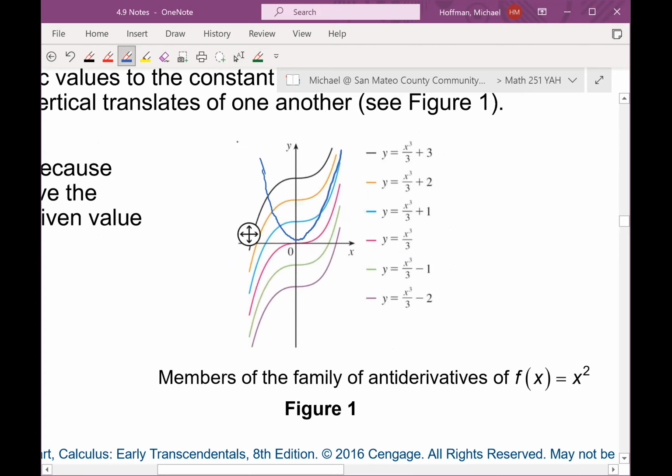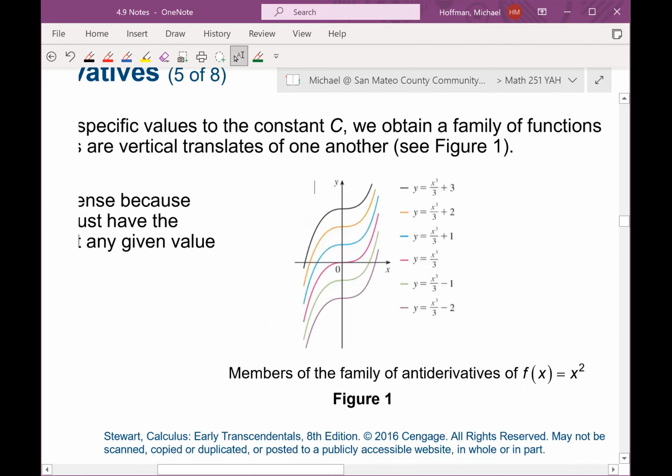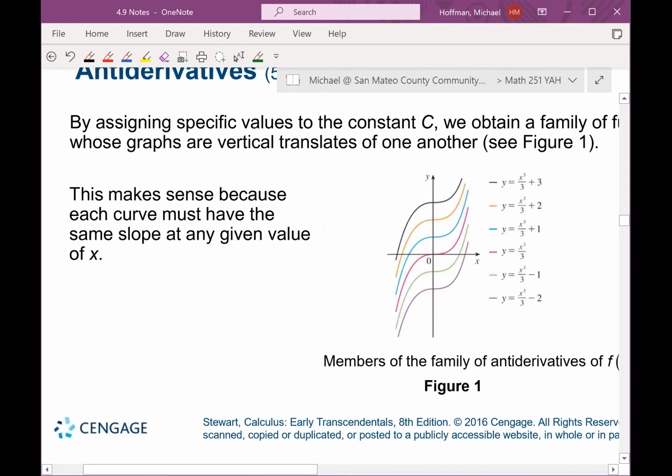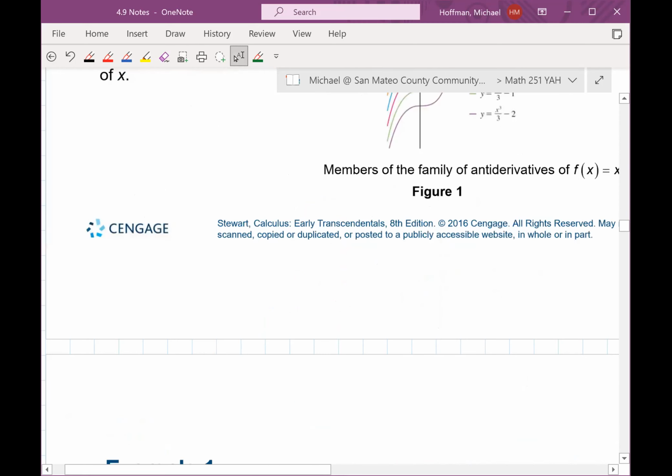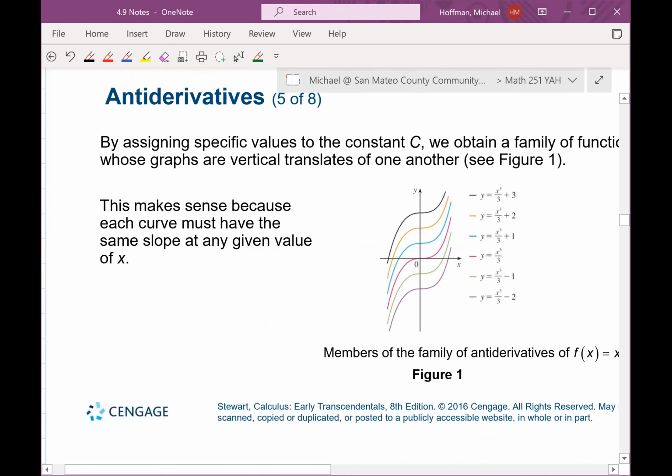So for any one of these colors, you can shift a graph up and down and it doesn't change the slope story. So that's why we always want to be aware when we do an antiderivative, there's some constant, because it could be there. And we may need that constant, but only if we have some other information. It's just interesting to think about how many different curves could have the same function for its derivative.